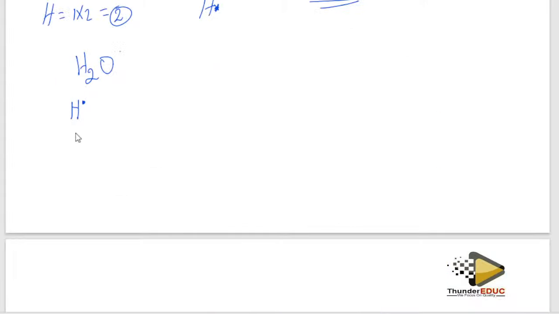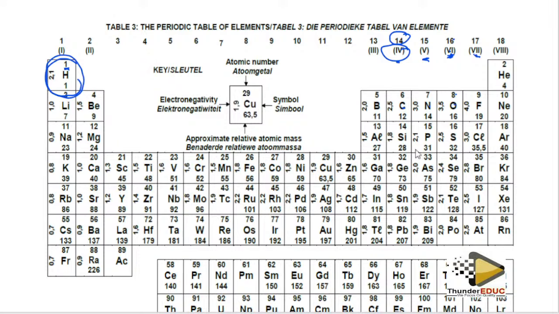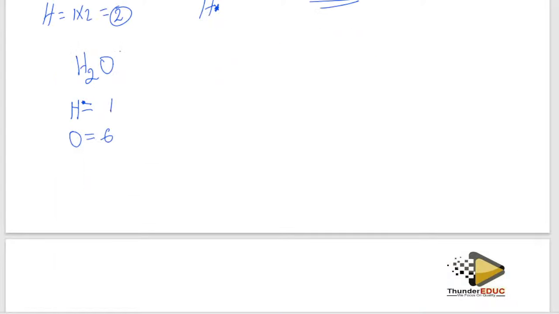So hydrogen is going to have 1 electron, oxygen is going to have 6 electrons. Why? Because it is found in group 6. So the group will show you the valence number of electrons. But how many hydrogens do I have? I have 2, so 6 plus 2, making it 8.